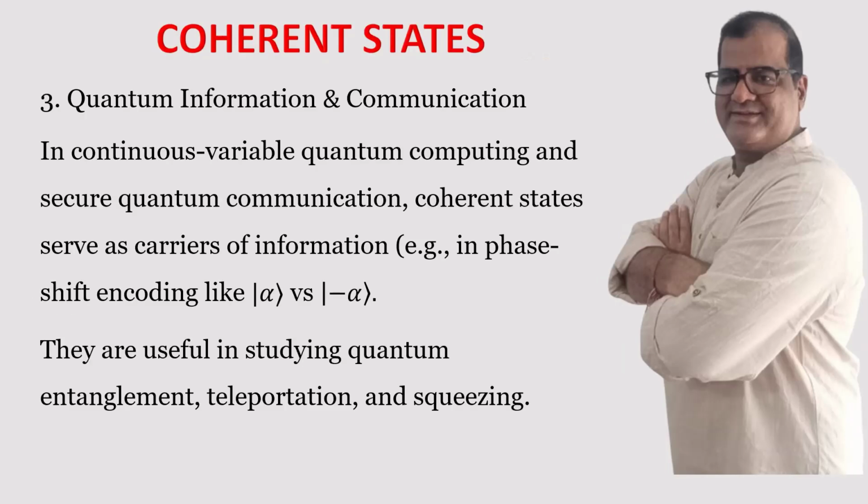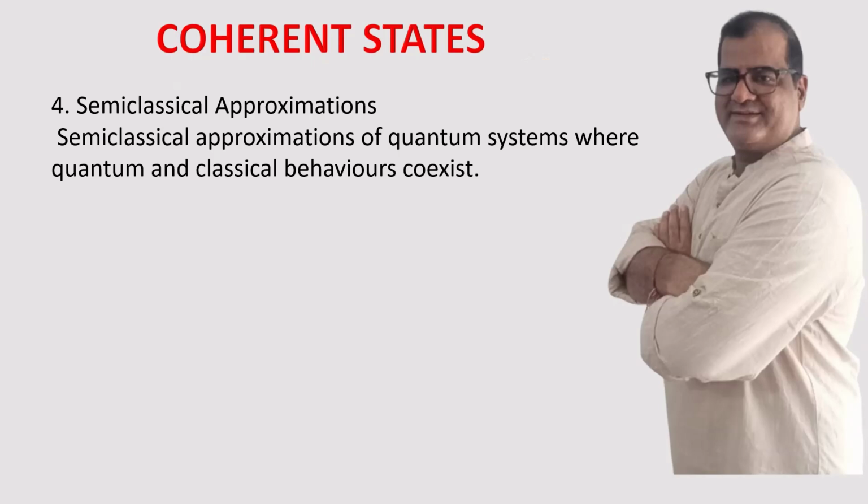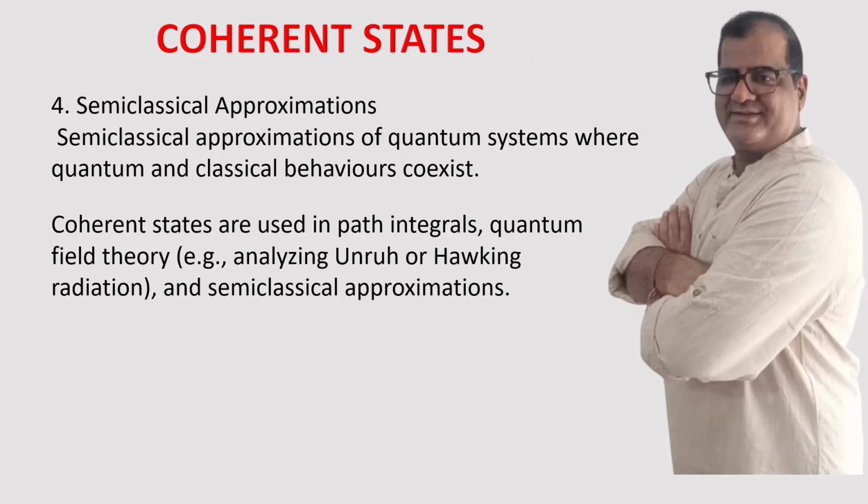They can be used in quantum information and communication, and they are useful for explaining quantum entanglement, teleportation, and squeezing. Similarly, they are used as a semi-classical approximation of quantum systems where quantum and classical behavior coexist. They are used in path integrals and quantum field theory.